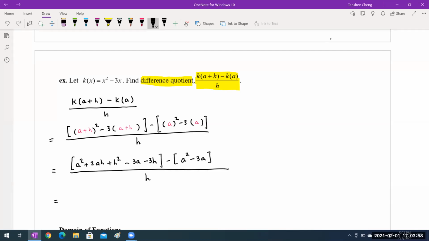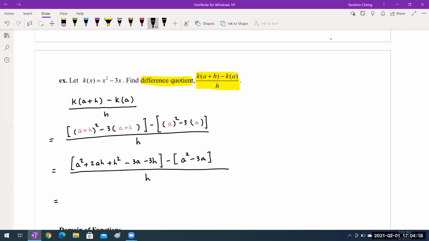Foiling a plus h to the second power gives you a squared plus 2ah plus h squared. Then distributing negative 3 gives negative 3a minus 3h. Simplifying the second grouping symbol, it will be a squared minus 3a.